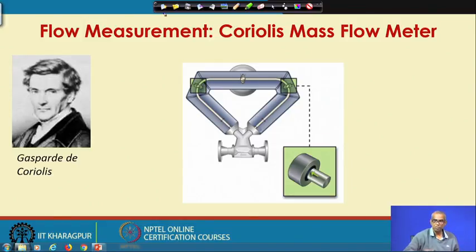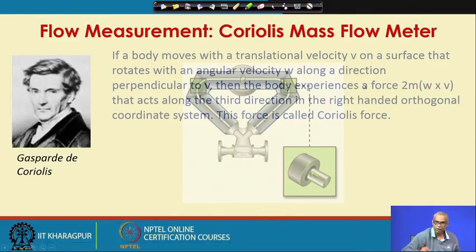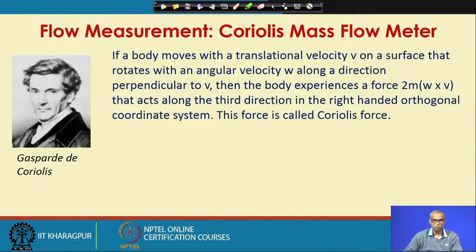So, let us first try to understand what is Coriolis force. If a body moves with a translational velocity v on a surface that rotates with an angular velocity w along a direction perpendicular to v, then the body experiences a force which is 2 times m into w cross v that acts along the third direction in the right handed orthogonal coordinate system.